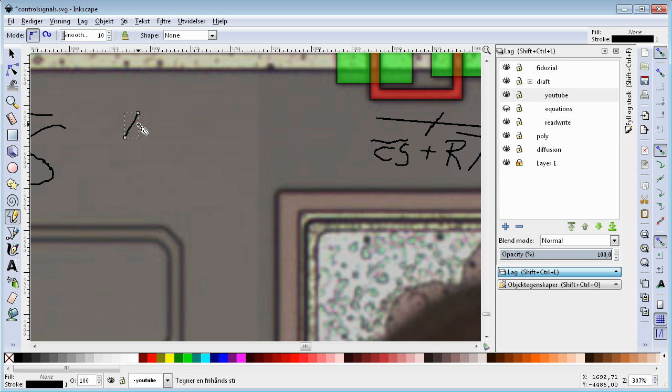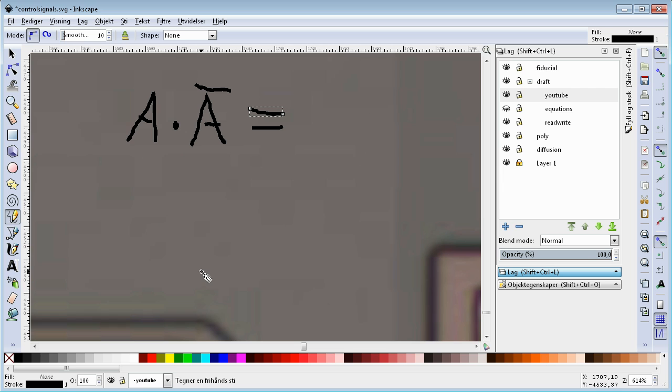Let's say you have A and A not. This is one rule. This will always be 0. Because if A is 1, then A not is 0. So 1 and 0 is 0, always 0.